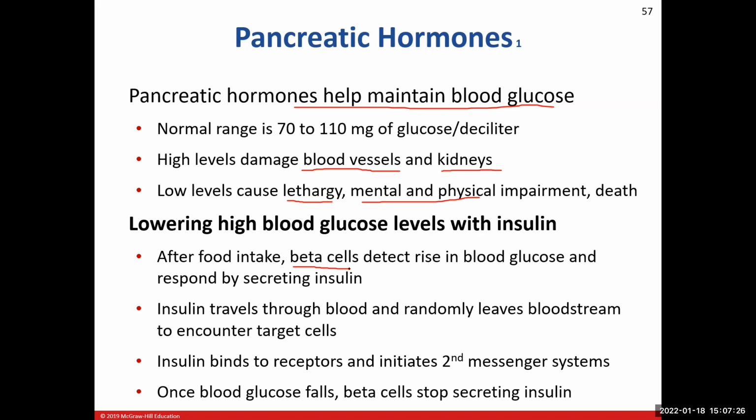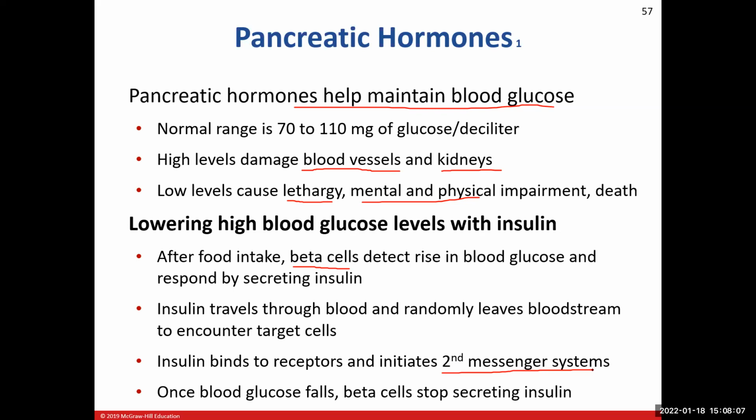And so what will happen is insulin will travel all throughout your general bloodstream and it'll go towards target cells. Here with insulin, it operates through that secondary messenger system. So you remember how that system works. It can't physically enter into the cell. It needs to stimulate the activation of G proteins and certain enzymes in the plasma membrane to stimulate the activation of other enzymes inside the cell. So as a result, this secondary messenger system kicks in, and our blood glucose levels start to fall.